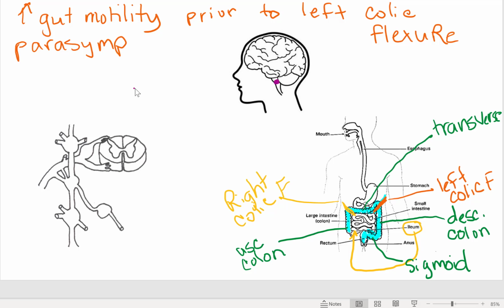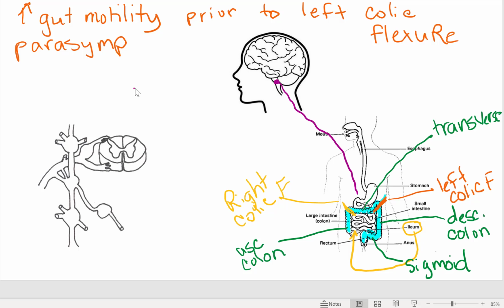Cranial nerve 10 has nuclei in the brainstem, so I'm drawing that here in magenta color. Let's say we want to increase gut motility of the stomach. It, of course, would extend from the brain, down the neck, into the abdominal cavity.